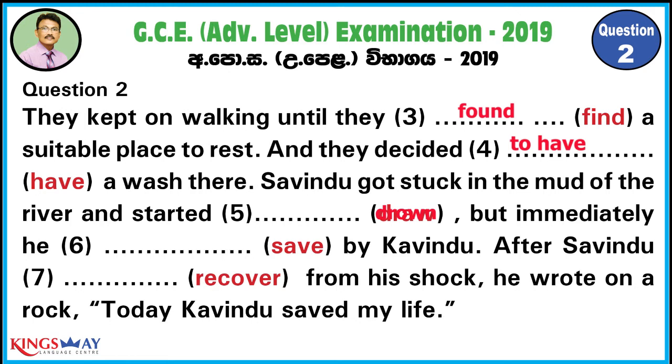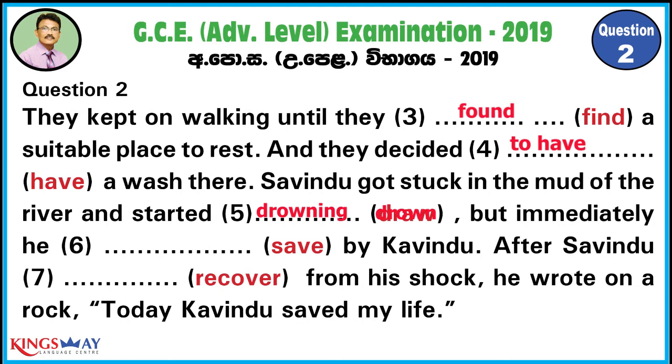Now there is another blank, and the word drown is given in the brackets. Drown, D-R-O-W-N, means you are going underwater. So started, the best verb form is drowning. River and started drowning, going underwater.